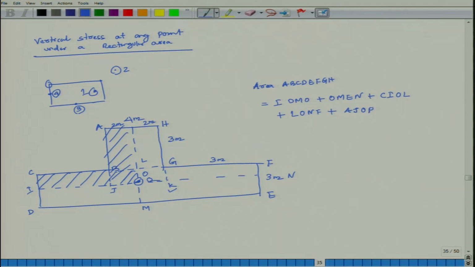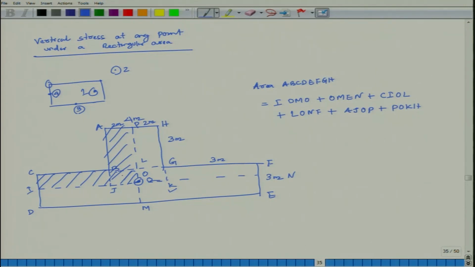Plus AJOP, this is your P, AJOP, this is also perfectly fine, plus POKH, this is perfectly fine. Once you have considered, because this strip and this strip I am considering, this area is coming twice.